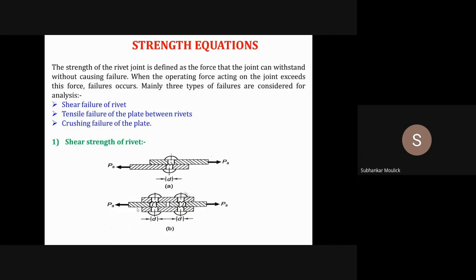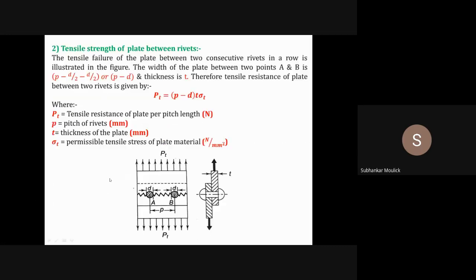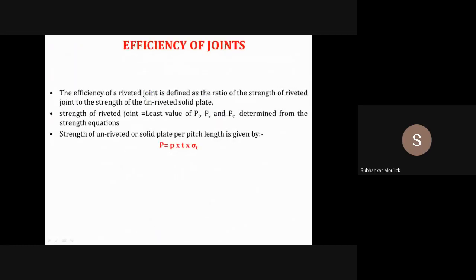By those equations you can design the rivet joint. We will do this in the next class, as well as we will try to find out the efficiency of a rivet joint. By efficiency I mean how long this rivet joint can sustain different types of load before failure.